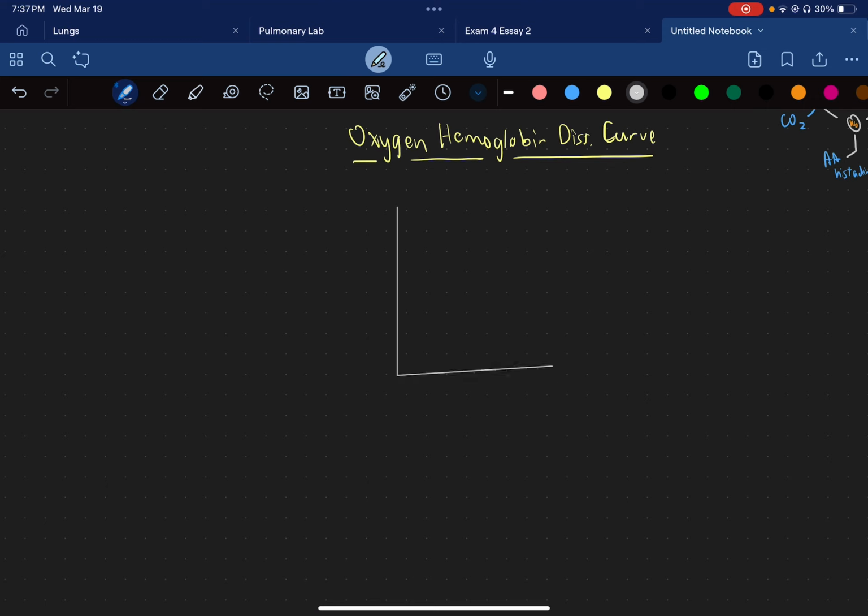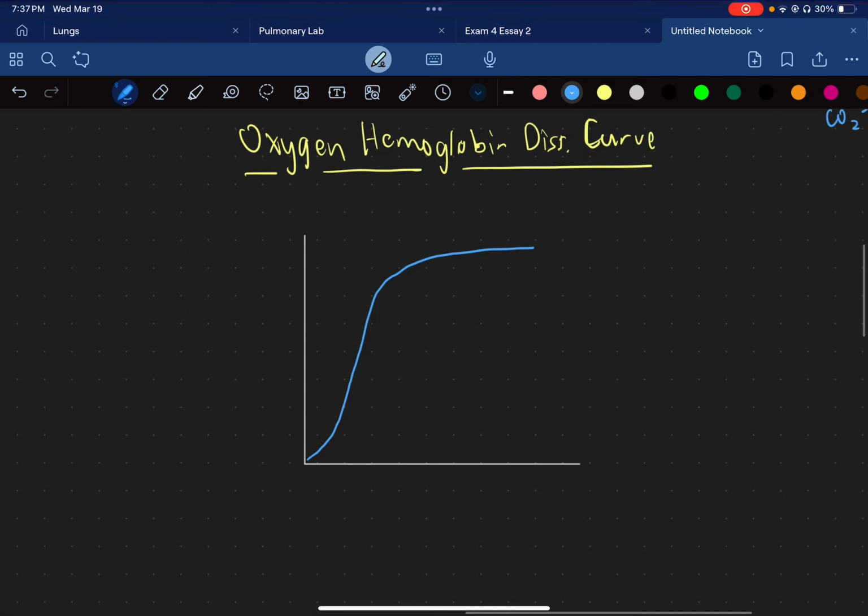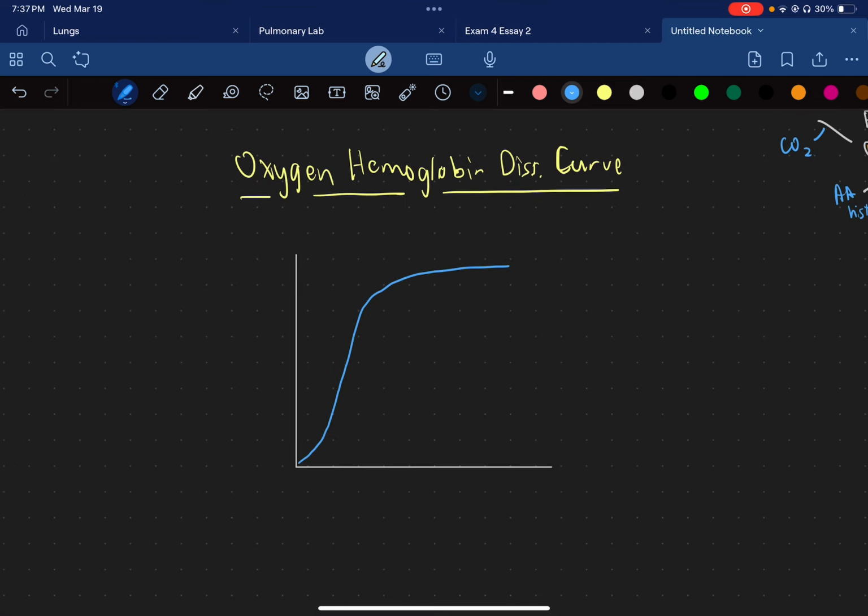So this is our oxygen hemoglobin dissociation curve.